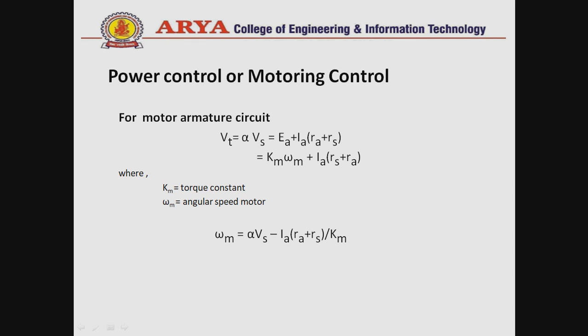When we simplify this equation further, we find the angular speed, and here we can see that by varying the duty cycle of the chopper, the armature terminal voltage can be controlled, and thus the speed of the DC motor can be regulated.